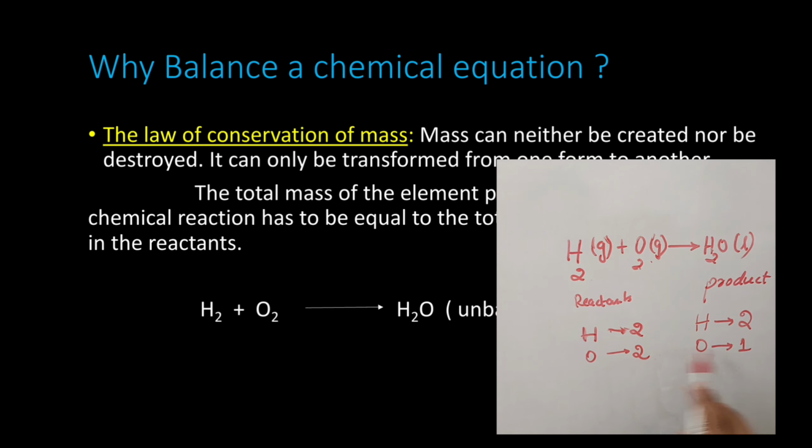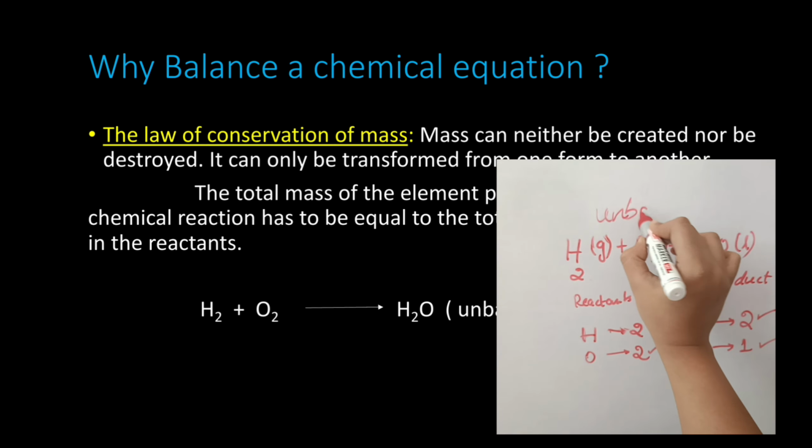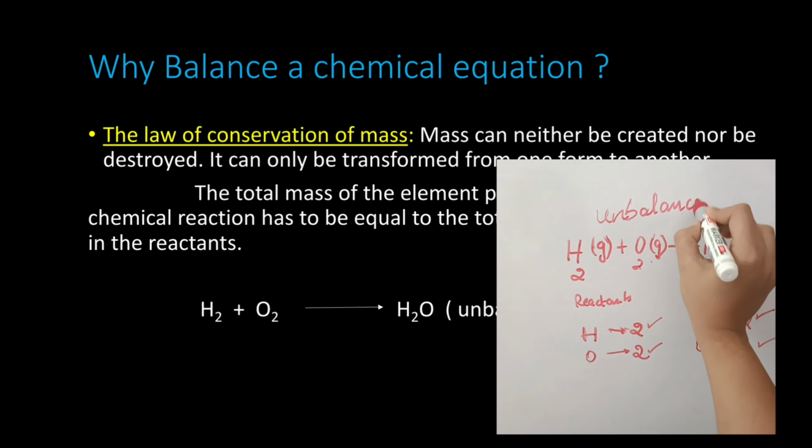Do you see any change? Here hydrogen atoms are two, and after the reaction also hydrogen atoms are two. Here there are two atoms of oxygen and one oxygen on the product side. Now we say the equation is unbalanced. It is an unbalanced equation, okay.